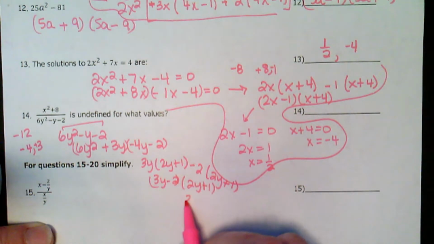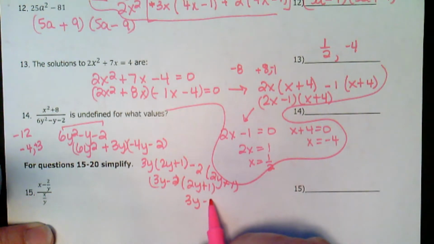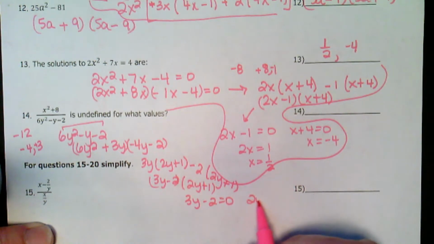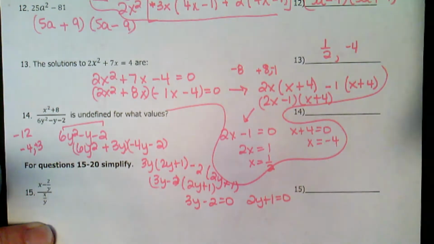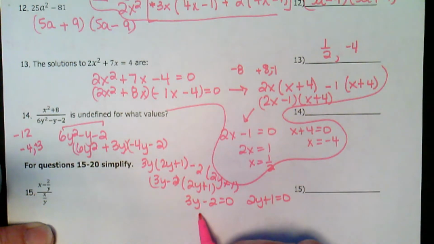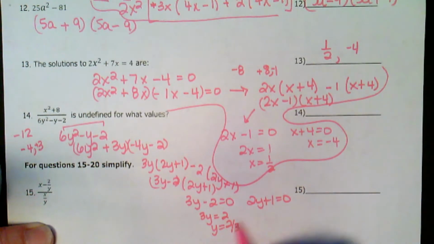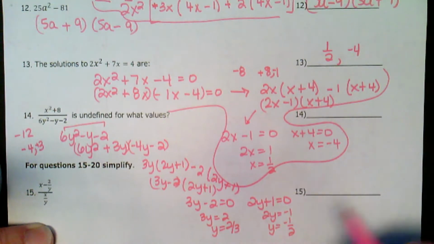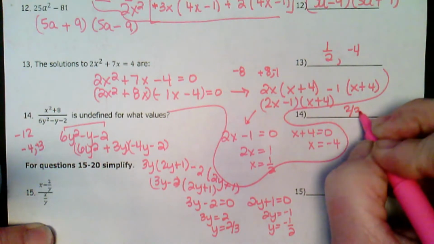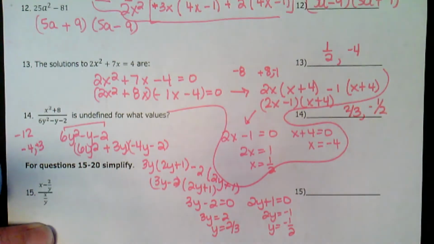We want to set both of those to 0. And I'm left with 3y equals 2, y equals 2/3, 2y equals negative 1, y equals negative a half. So our two answers are 2/3 and negative a half.